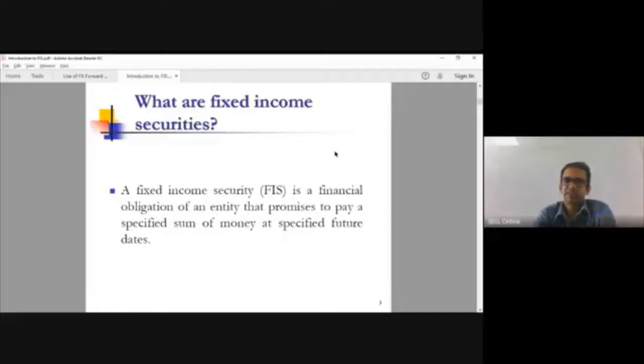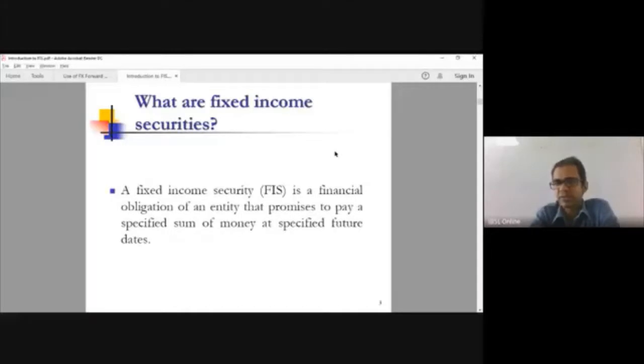So that's why it says a fixed income security is a financial obligation of an entity that promises to pay a specified sum of money at specified future dates. So it's a financial obligation. That means some entity, in my previous example, government bonds, the government is the entity, or the government is the borrower.